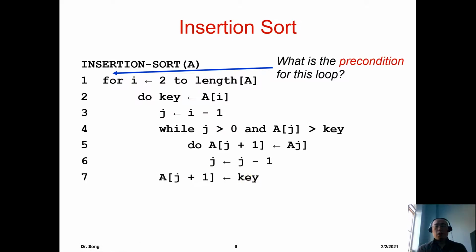So for this algorithm, what is the precondition of this for loop? We should have a list ready, and all the values should be comparable. If we have strings or a nested list here, it will screw everything up.